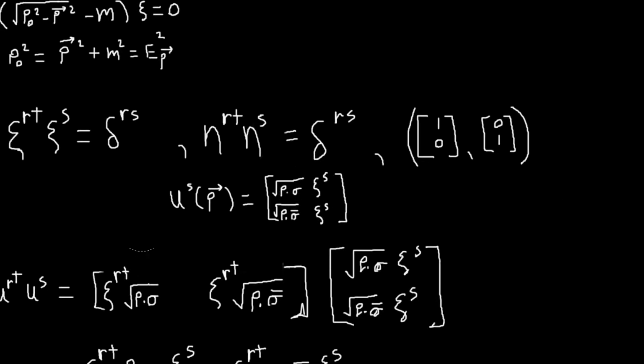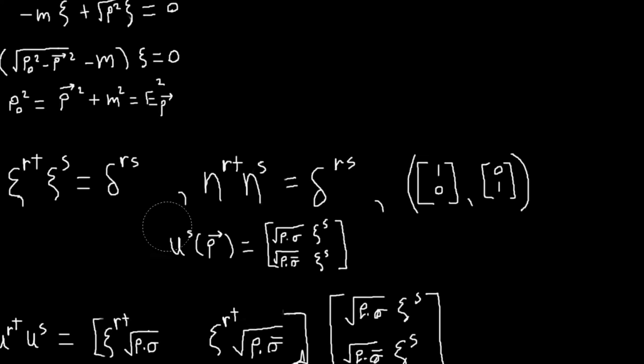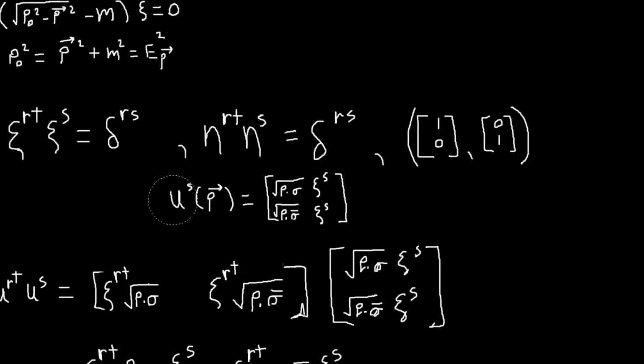So this is one basis spinor, and again, there would be another one, u^r. And any solution could be composed of a linear combination of our two basis spinors.